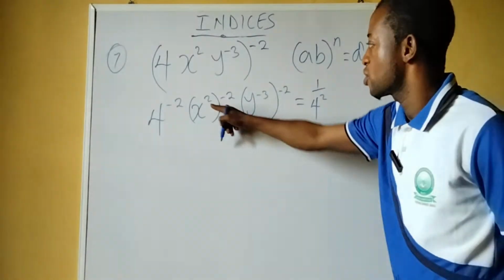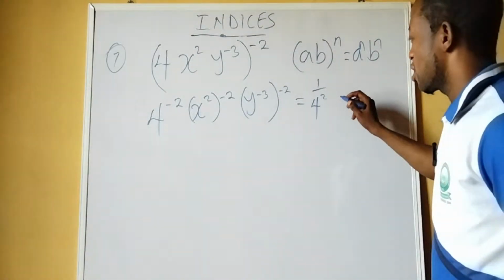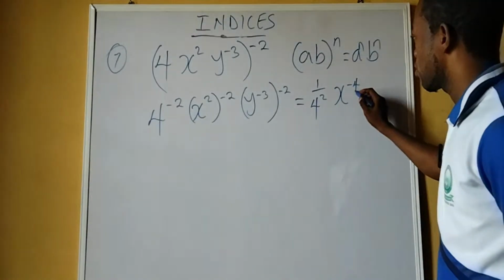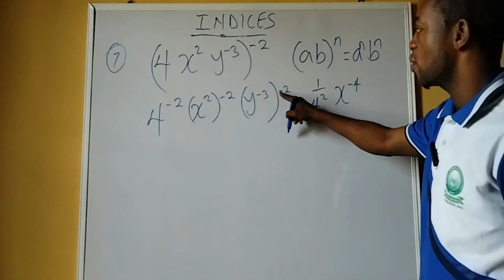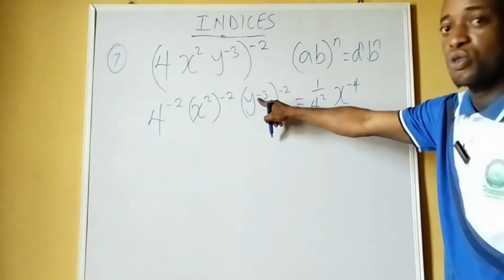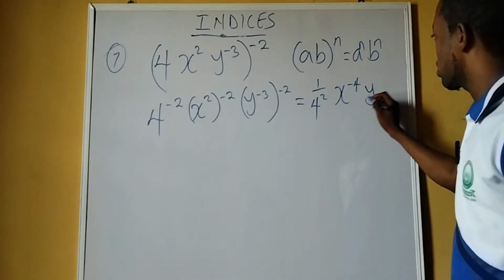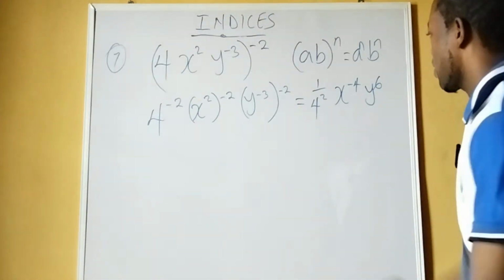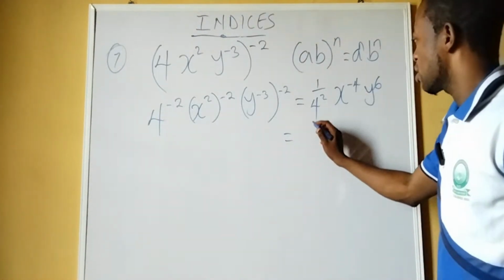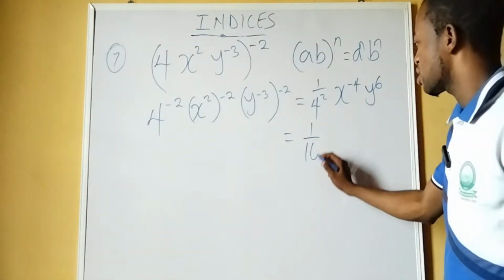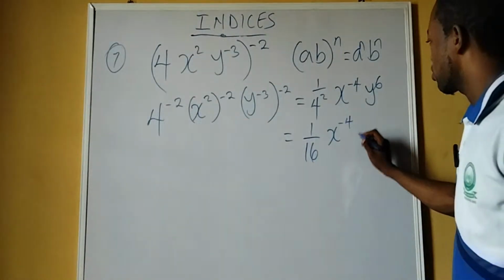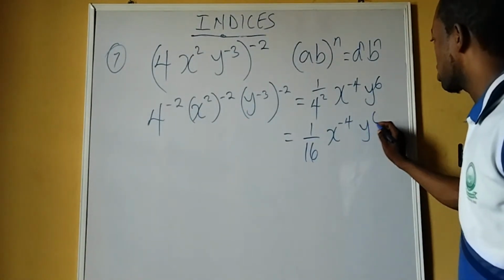Then this power multiplies, and we have x raised to power minus 4. Also this multiplies, and don't forget, minus times minus turns to plus. So this becomes y raised to power 6 now, 2 times 3. In other words, we can write it as 1 over 4 squared, that's 16, then x raised to power minus 4, y raised to power 6.